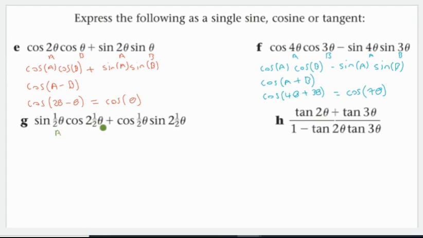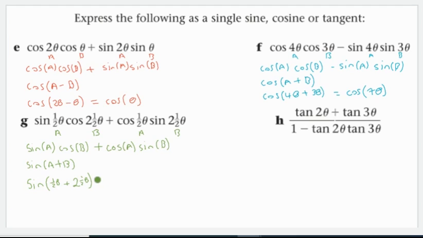So again, I'm going to call this A, this B, this A, and this B. So this is the expansion sine A cos B plus cos A sine B. And this is the expansion for sine of A plus B. Okay, and A is a half theta, so it becomes sine of a half theta, and B is 2.5 theta.